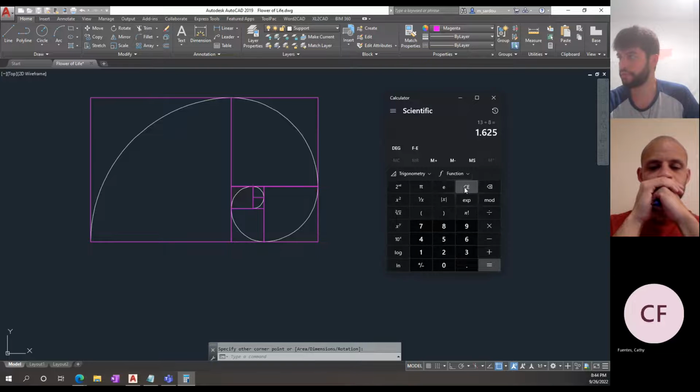It also shows in a very nice way how to get it from a circle. I just remembered that now. So if you do square root of 5 divided by 2 plus 0.5, he showed how to get here.